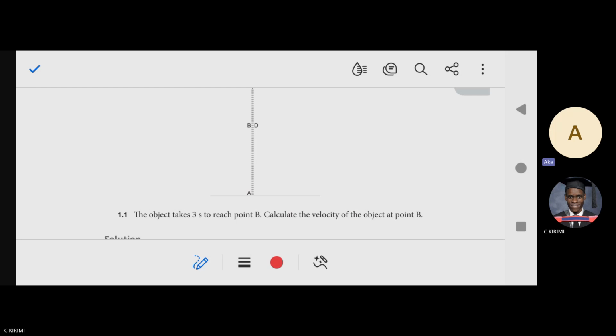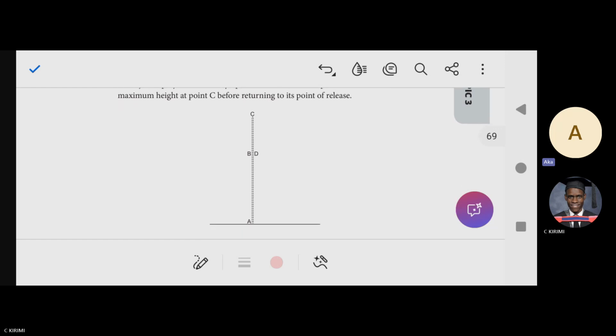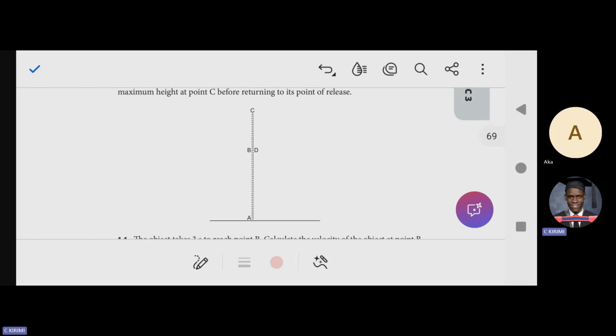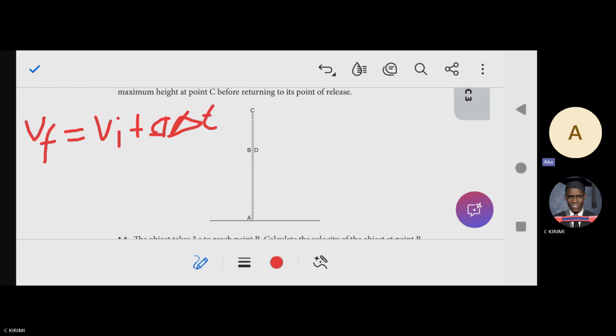The formula which you used first is what? VF equals V initial plus a delta T. Okay. So your VF is what? It's 0 because it's maximum.